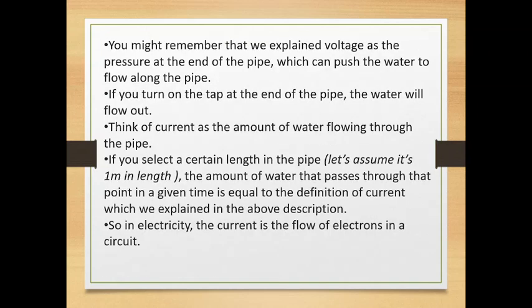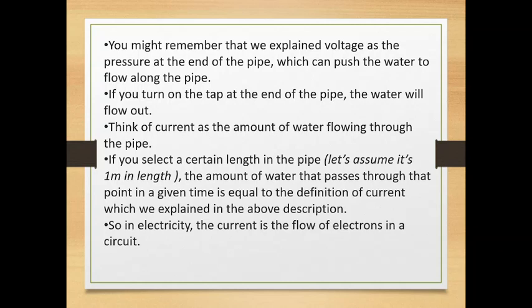You might remember that we explained voltage as pressure at the end of the pipe, which can push the water to flow along the pipe. If you turn on the tap at the end of the pipe, the water will flow out. Think of current as the amount of water flowing through the pipe.